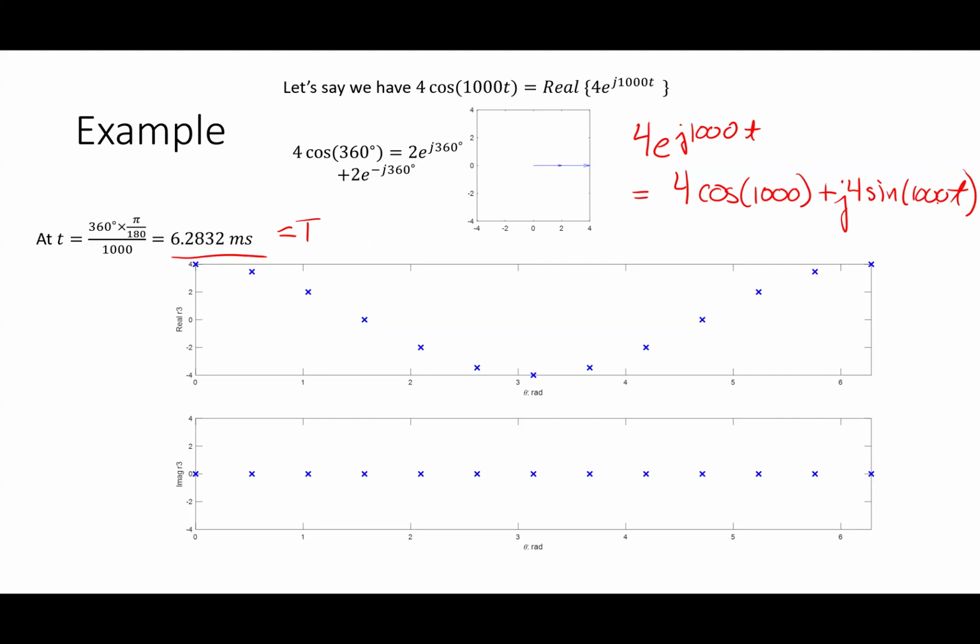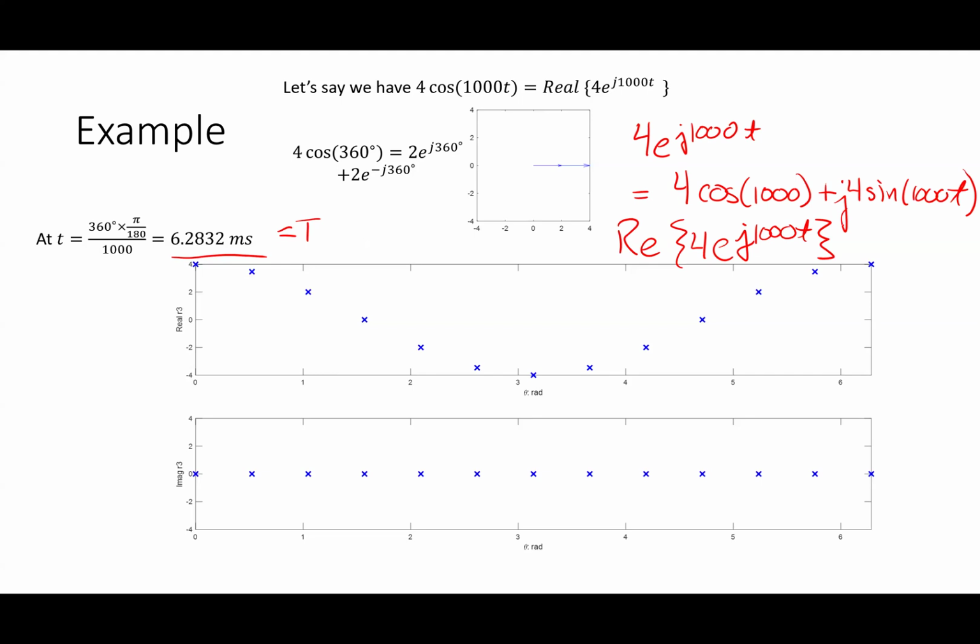If I ask you, what's the real part of that thing? What's the real part of 4e to the j 1000t? We usually write that with these brackets. Real part, RE and IM, real and imaginary, the way we rewrite those two operators. What is the real part of that?